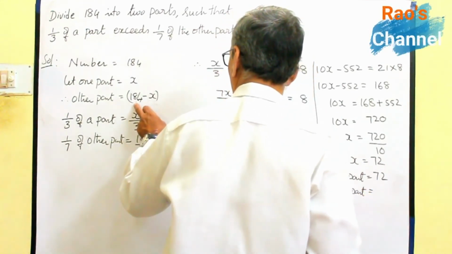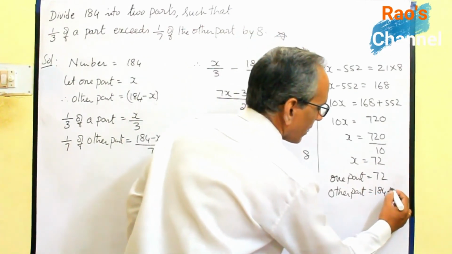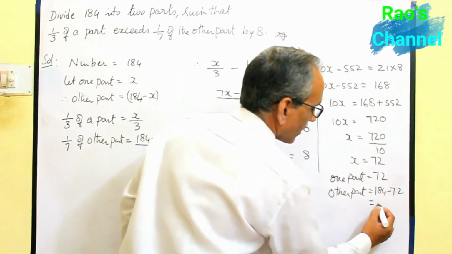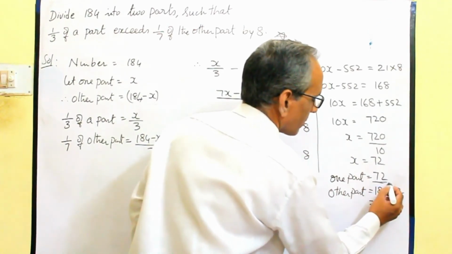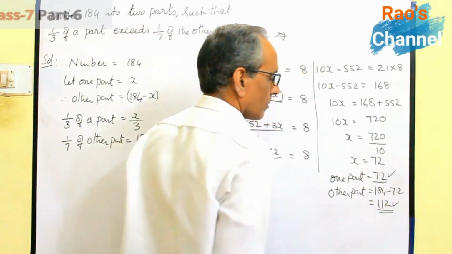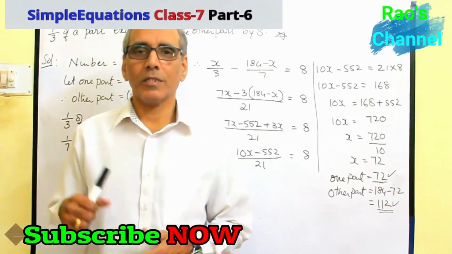The difference of 184 and the first part. So 184 minus 72 is the other part, that is 112. This is the other part, and that is the first part. These two are the answers. So we divided the 184 number by using the concept very clearly.